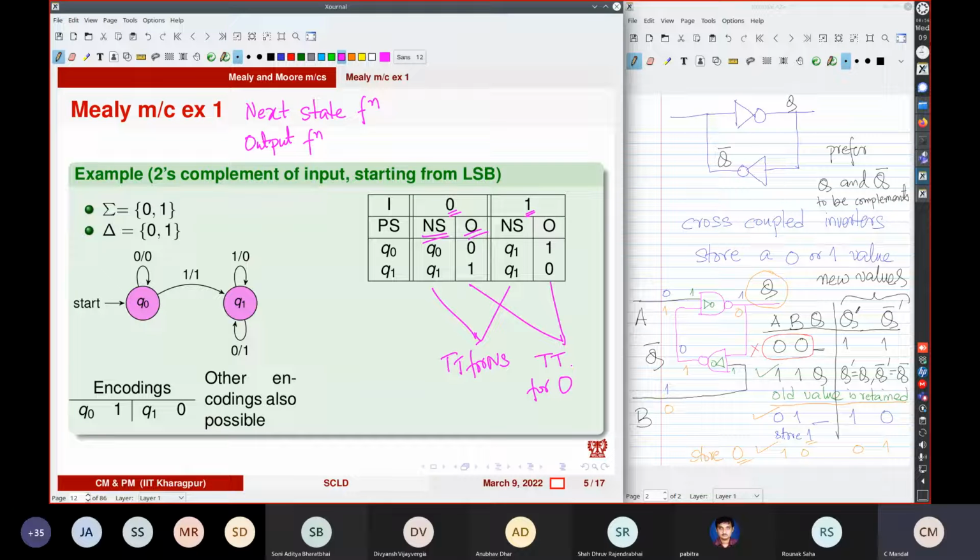So you know how to realize combinational circuits.